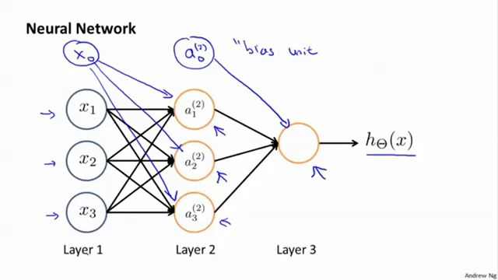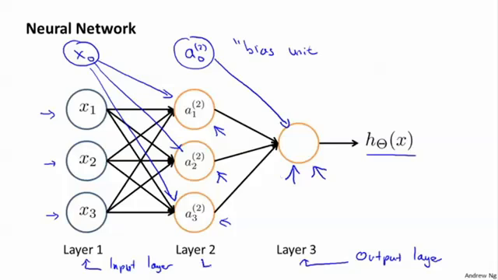To introduce a bit more terminology, in a neural network the first layer is also called the input layer, because this is where we input our features, x1, x2, x3. The final layer is also called the output layer, because that layer has the neuron, this one over here, that outputs the final value computed by the hypothesis.